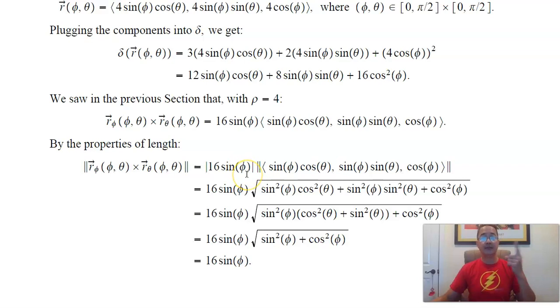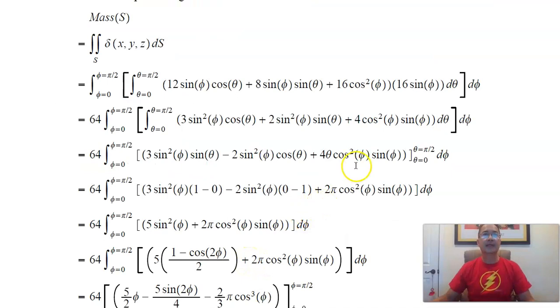But phi is from 0 to pi, so the absolute value is just sine of phi. I think we've done that a couple of times already. What is the length of this vector? We also did that in the last section. It's just going to be 1. It's actually a unit normal vector. So this is the extra factor that we are going to include in our double integral.